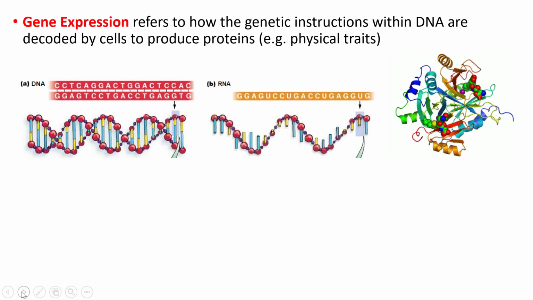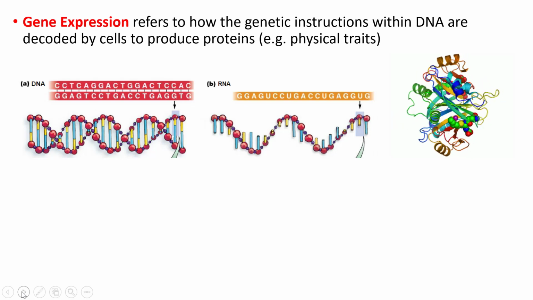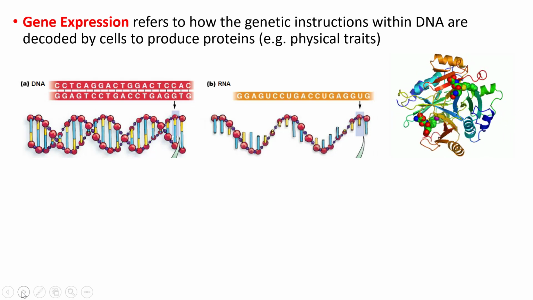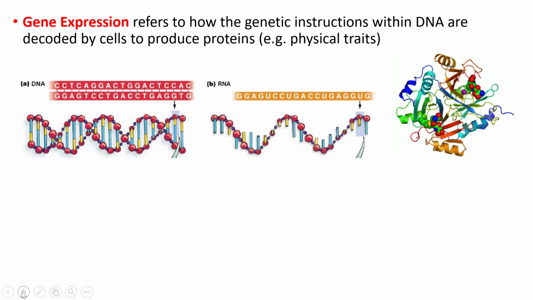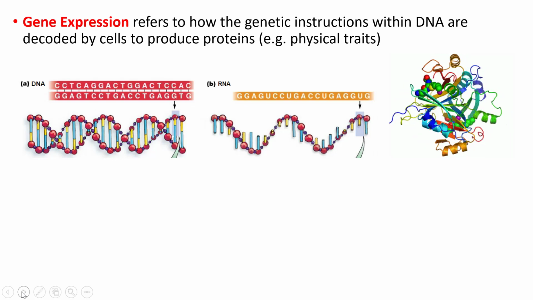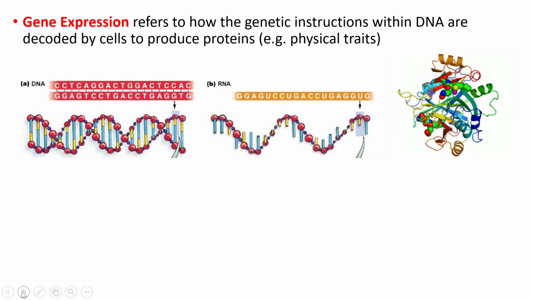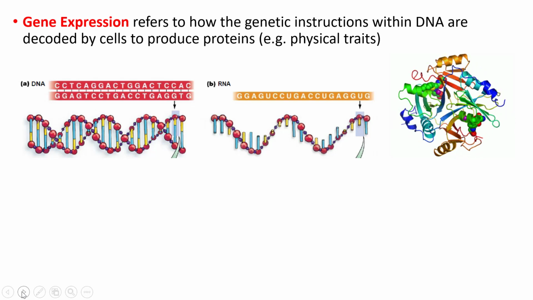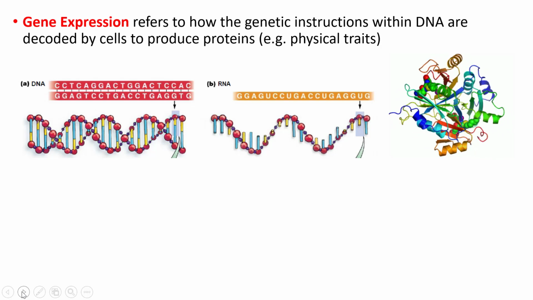This process is referred to as the central dogma of biology. Another term we use is gene expression. I have a definition here on this screen. Gene expression refers to how those genetic instructions within your DNA are decoded by cells to produce proteins, to produce your phenotype, your physical characteristics.